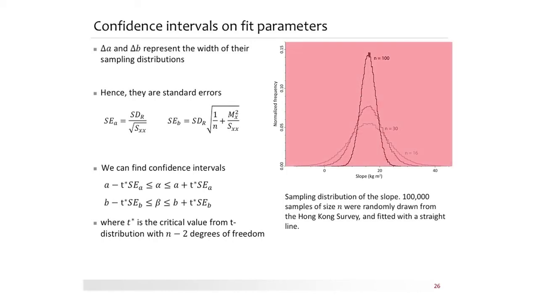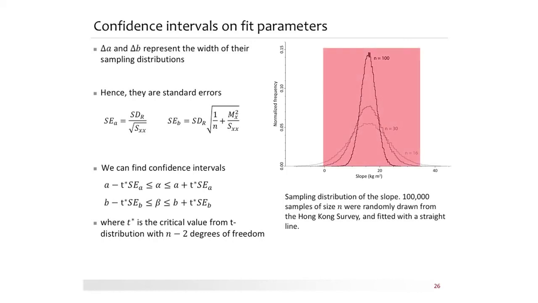So in this case, it's exactly the same. This is a sampling distribution of the slope. What I did here, I took all the data, and I took 100,000 samples, which were randomly drawn from the Hong Kong survey, of different sizes, 16, 30, and 100. And I plot the distribution of these slopes.